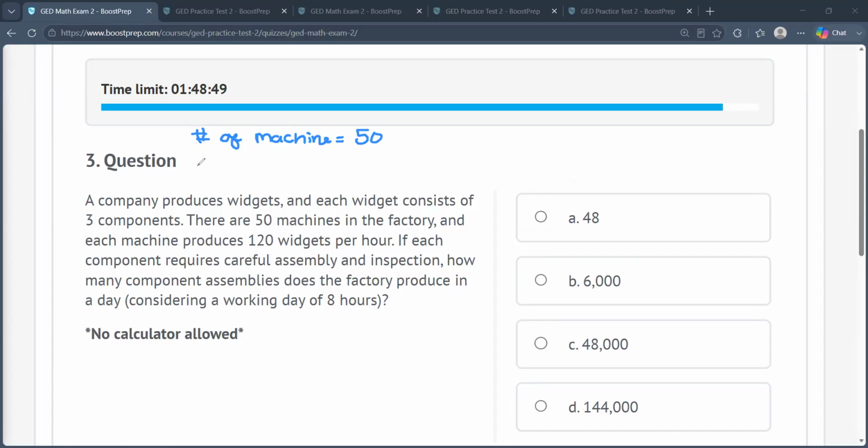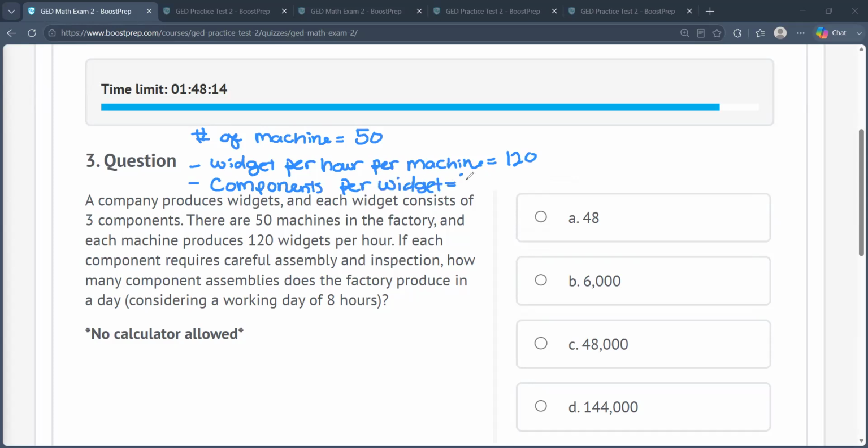So widgets is 120, and then components per widget is 3, and then hours per day.